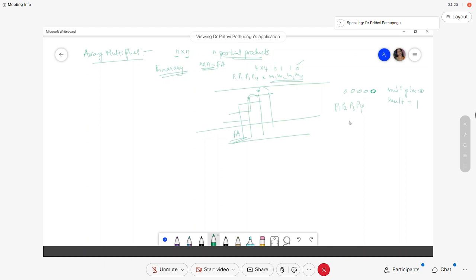That means this is what is getting repeated. It depends on whether your multiplier bit is 0 or 1. We are defining whether the partial product is 0 or the multiplicand itself getting repeated. So the multiplicand is the repeating factor there.